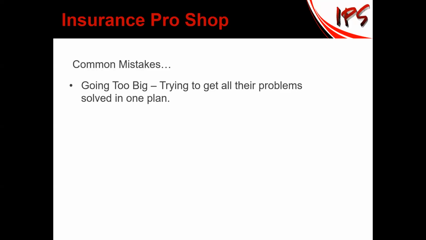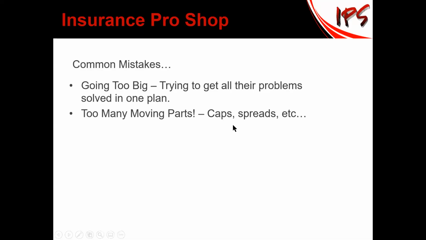A lot of what we teach is taking baby steps. Find one or two problems that we can solve right now. Make them a client. That way, when we go back in to do a six-month replan, annual review, whatever, we have other selling points, other sales to make. Does that make sense? All right.